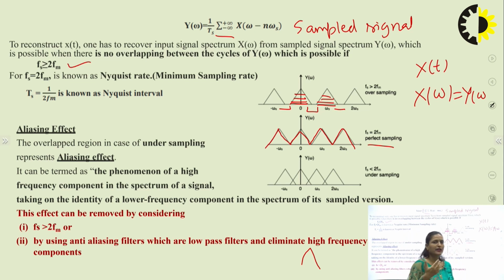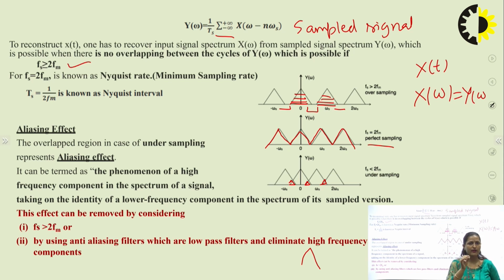When your sampling frequency is less than twice of the message frequency, there is overlapping of the signal. If overlapping of the signal is there, then your signal cannot be reconstructed back. So for reconstruction, the minimum requirement for the sampling frequency is that it should be equal to twice of fm.